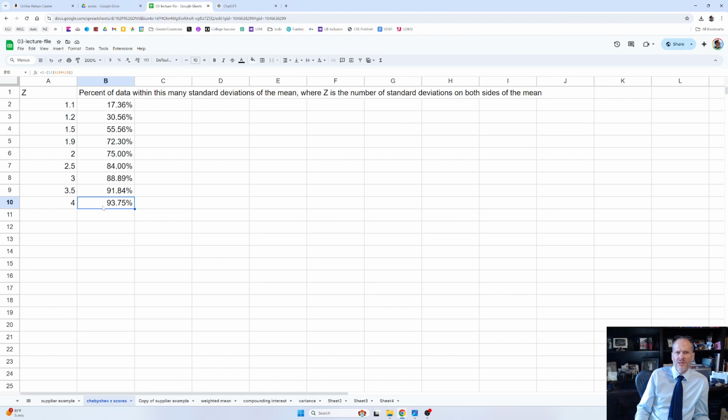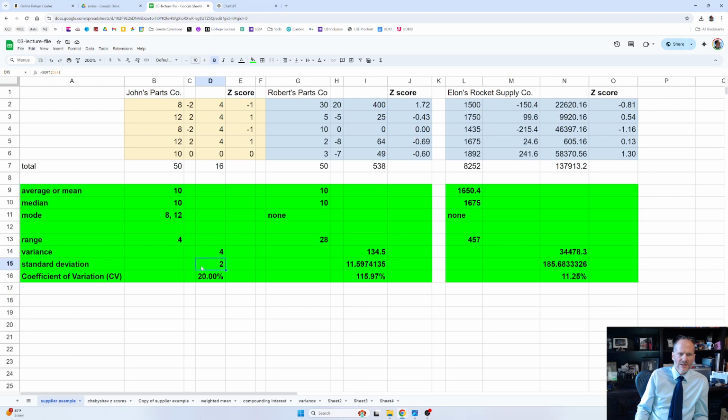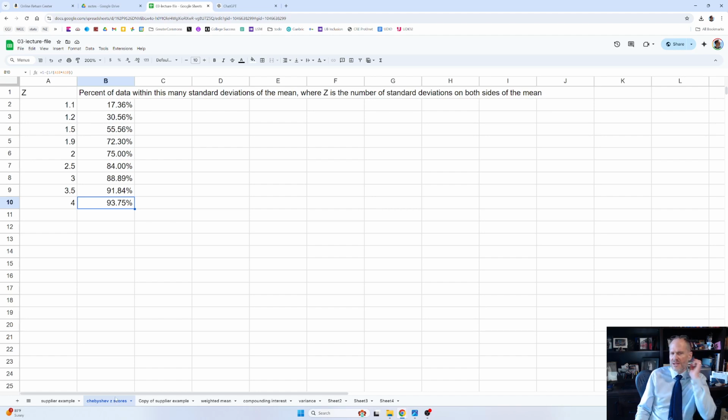As we start to become conversant with standard deviations, like, okay, here's the standard deviation for this data set up here. This is how much the data varies, the standard for how much it deviates. As we become conversant with standard deviation, we'll use z as the number of standard deviations from the mean to gain insight.